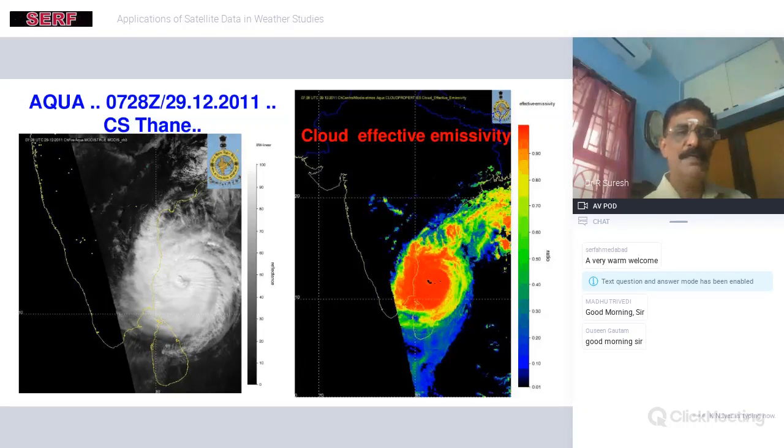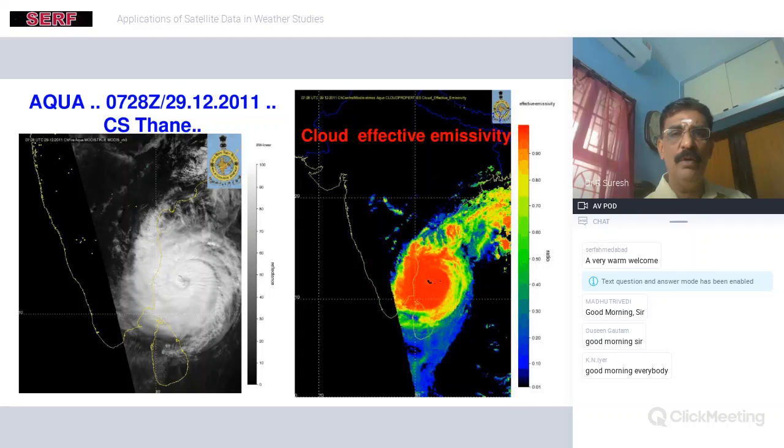This cyclone by name Thane crossed a little south of Chennai. On the left hand side is imagery taken by the Aqua satellite, and the right hand side is the cloud effective emissivity.